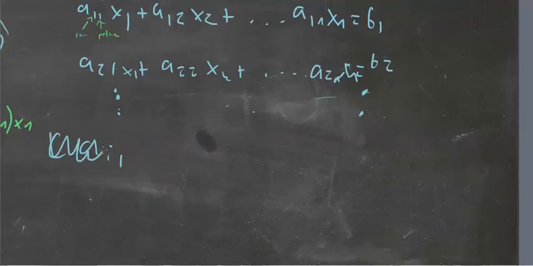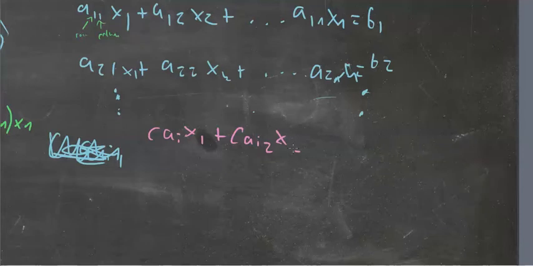I'm going to write these in different colors so you can see it better. We get c a_i1 x1, and these are just placeholders for the values that we can deal with on any regular basis, plus c a_in xn equals c b_i.